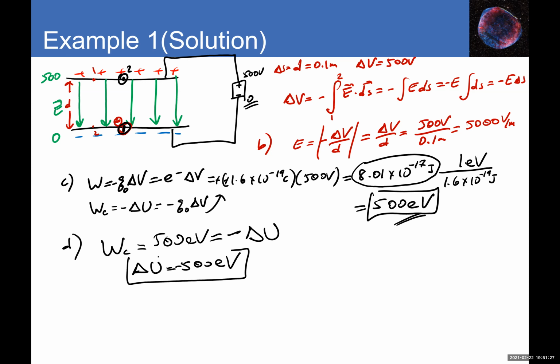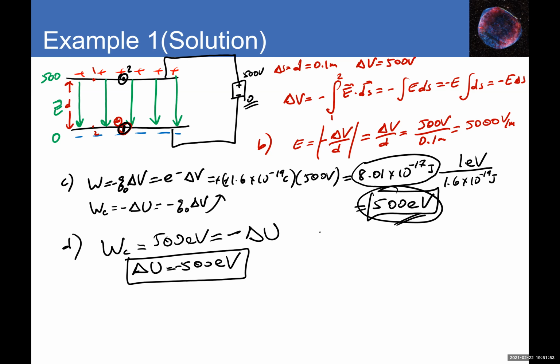Because in this case the work done was positive, the potential energy decreased for the electron. Again, you can try to remember that in terms of which direction the force was acting. Because the field did positive work, potential energy decreased.